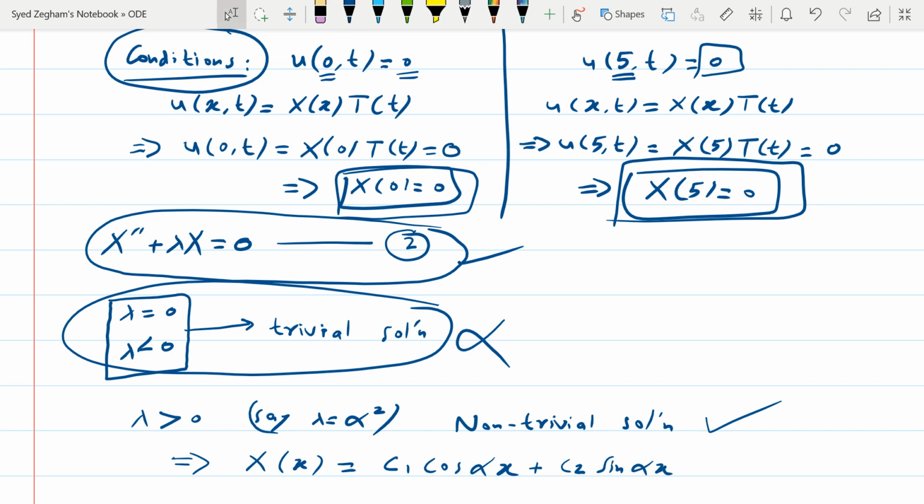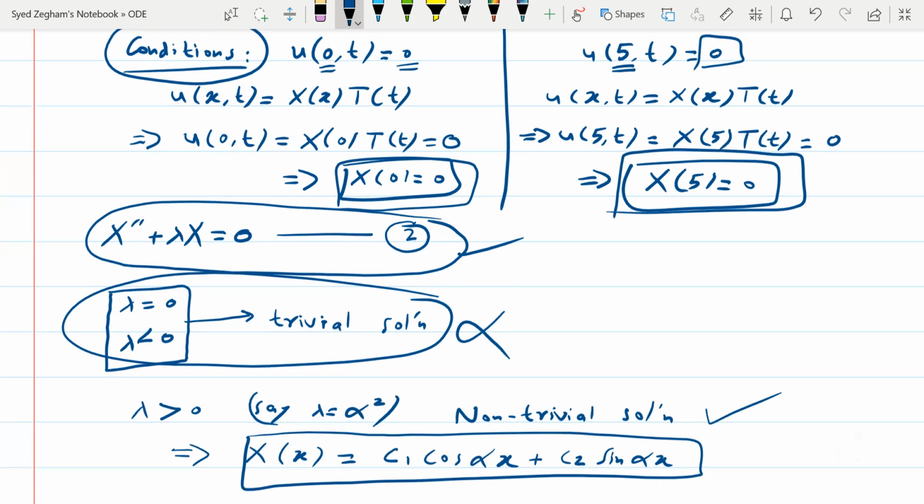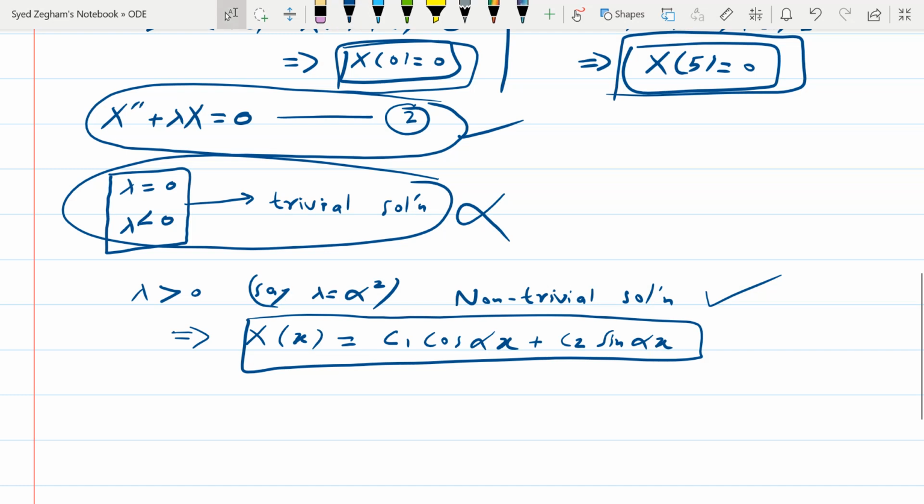So all these things are coming from the Sturm-Liouville eigenvalue problem. So this is my non-trivial solution of equation number 2. Now, just now we have obtained 2 wonderful conditions which we are going to use now.